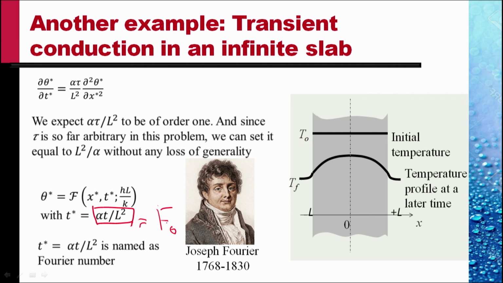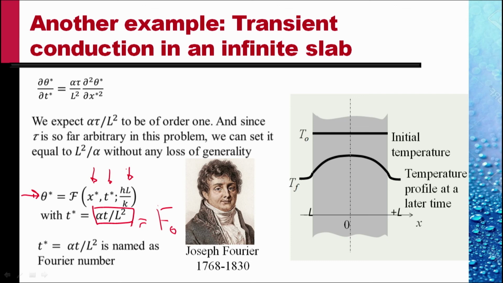You see in this problem, theta star is a function of x star and t star with HL by k as a parameter. The HL by k is the Biot number. There are two variables.